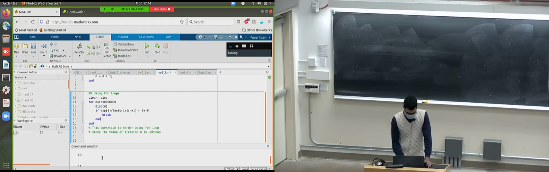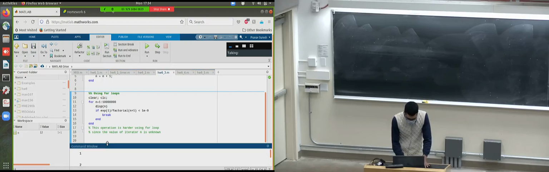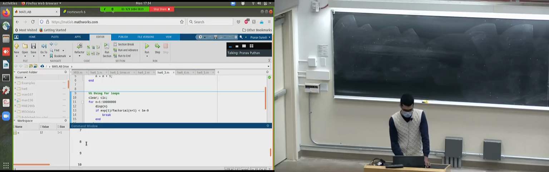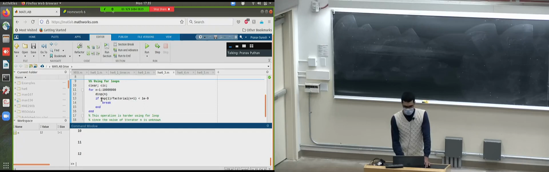You can see here that n starts from 1, 2, 3, 4, and at some point 12, it starts checking the if statement. At n equals 12, when it checks the if statement, it sees that e divided by n plus 1 factorial is actually less than 10 to the power minus 9.